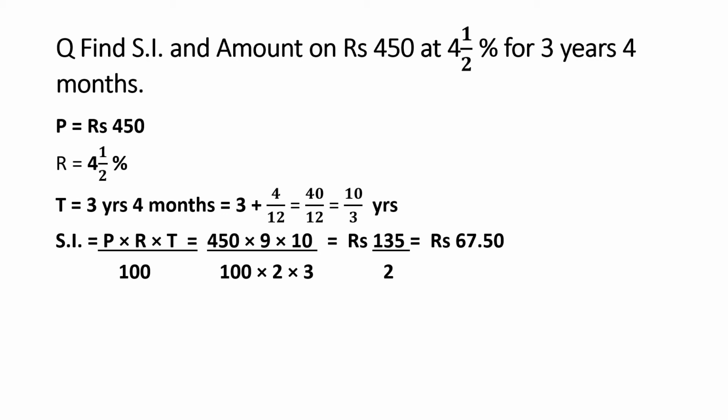So amount is equal to principal plus simple interest. Now principal is known to us, simple interest is known to us, so we add them: 450 plus 67 rupees 50 paisa is equal to 517 rupees 50 paisa. So we have calculated both simple interest as well as amount.